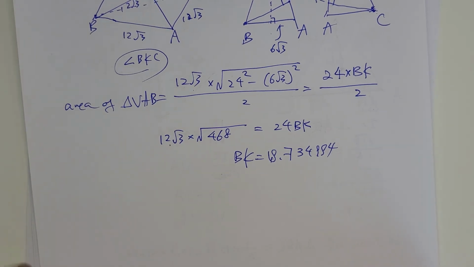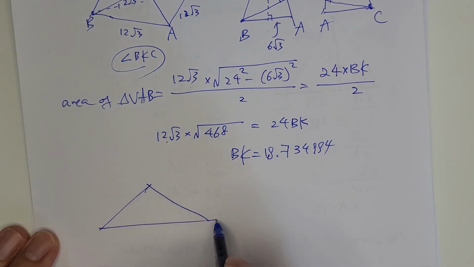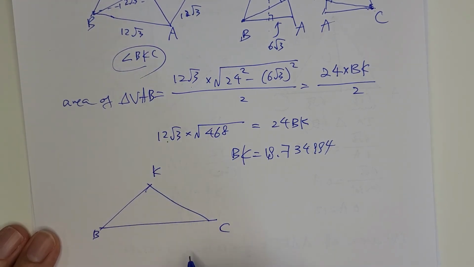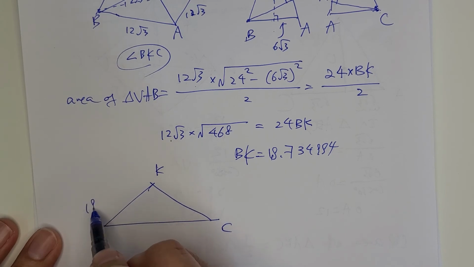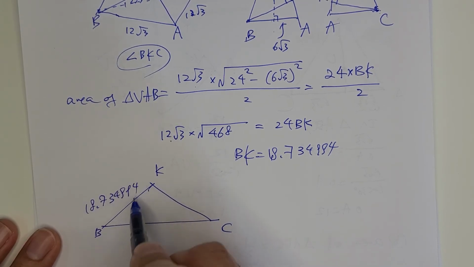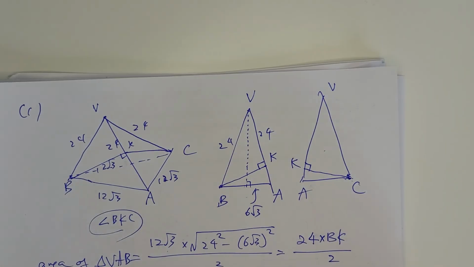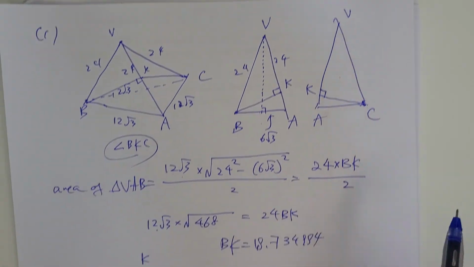Now you got this, and you can consider another triangle BKC. Point K, that is 18.734994. KC is also the same because these two triangles are congruent and isosceles.